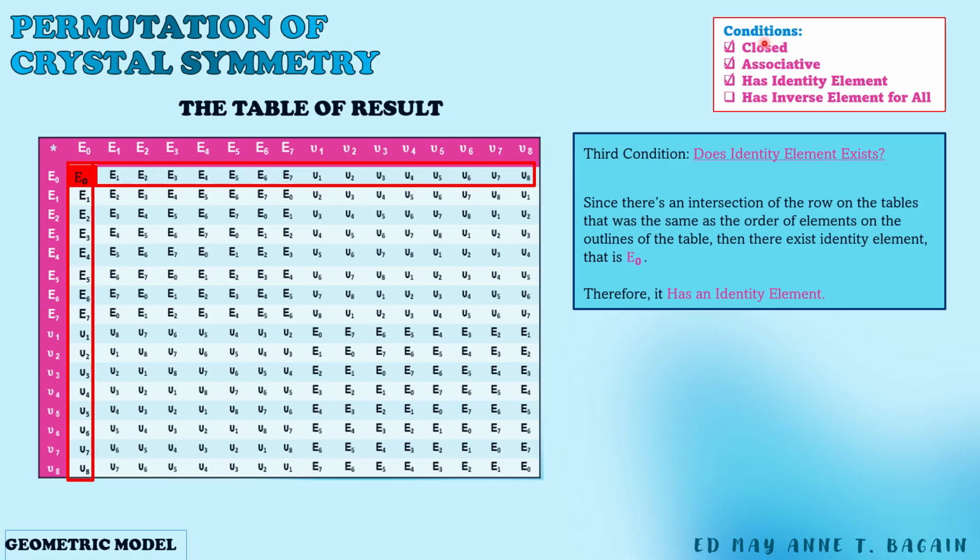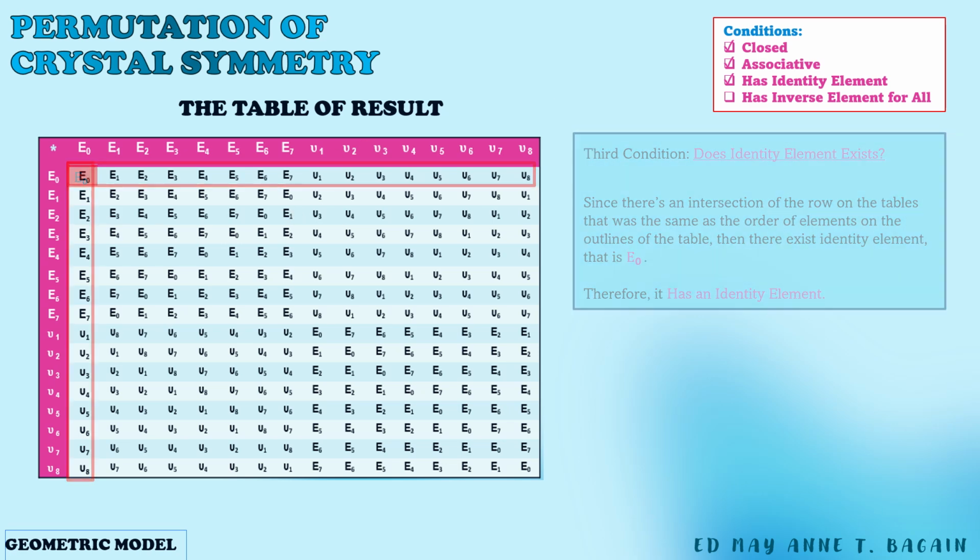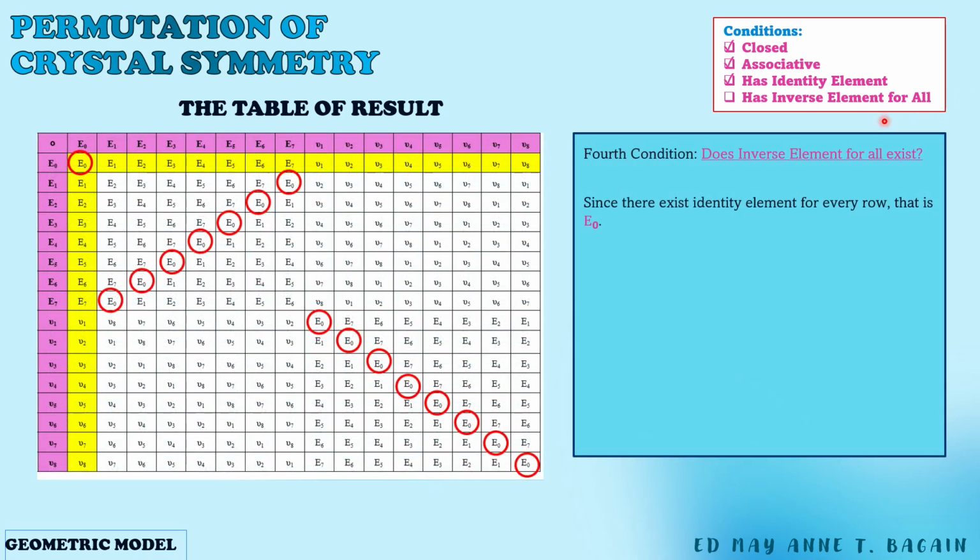And the last condition that should be satisfied is has inverse element for all. So fourth condition, does inverse element for all exist? Since there exists identity element for every row, that is e sub 0, we know that there is an inverse element for everything.